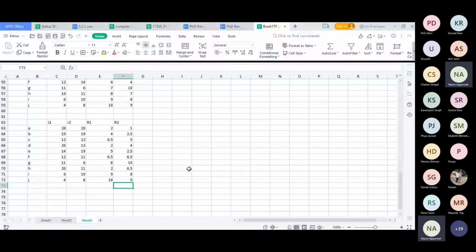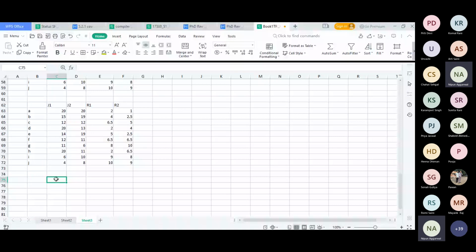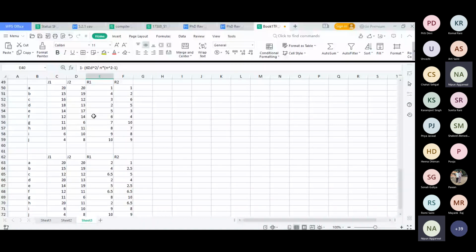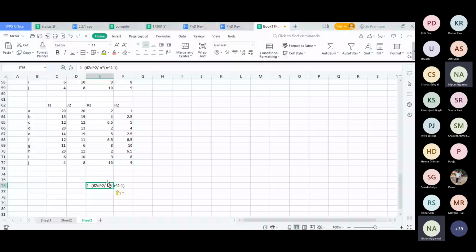Now the formula also varies over here. It is not the same formula; there is a variation. I made this formula copy over here. In this, the change is that more parameters will be added. It is like 1 minus 6 sigma d square divided by n into n square minus 1, which remains the same.